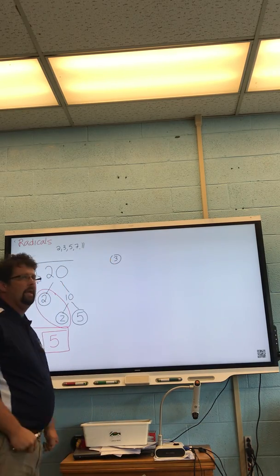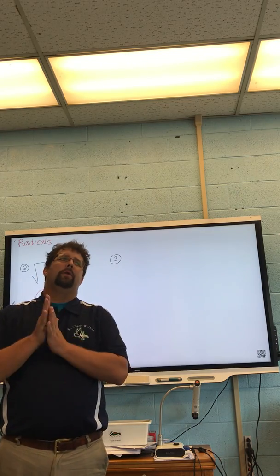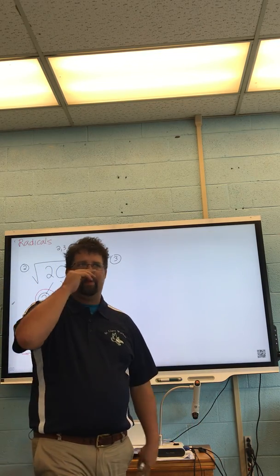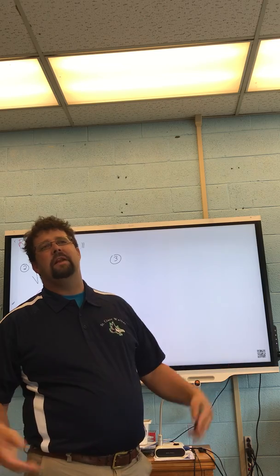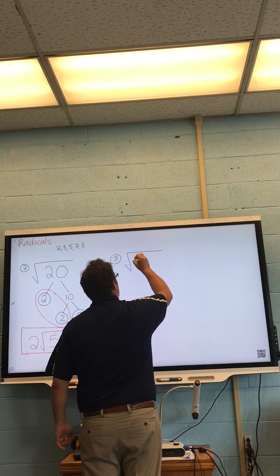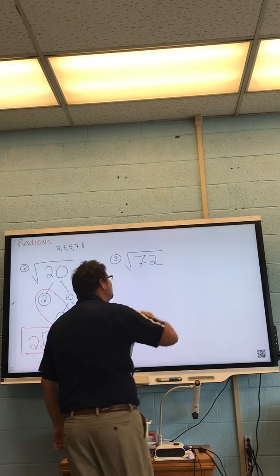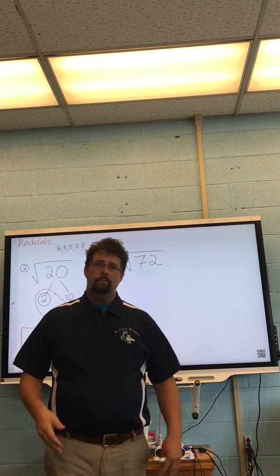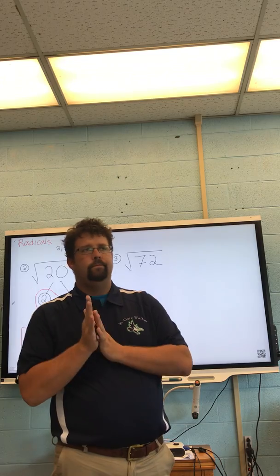So let's go to number 3. I'm going to throw up a really big number. Let's put up the number, I don't know, 72. The square root of 72. 72 is an even number.